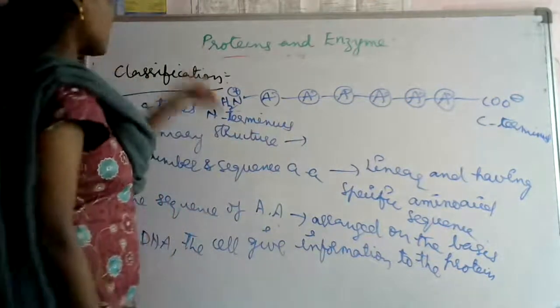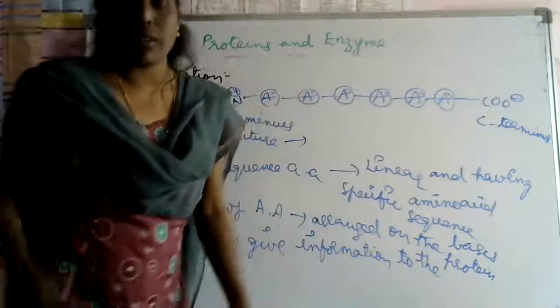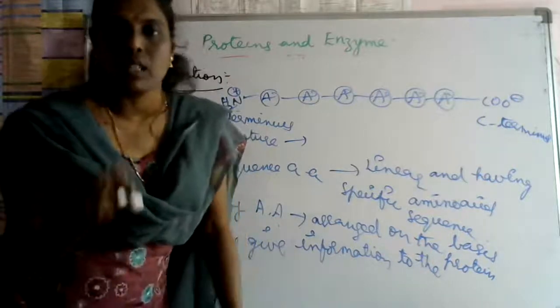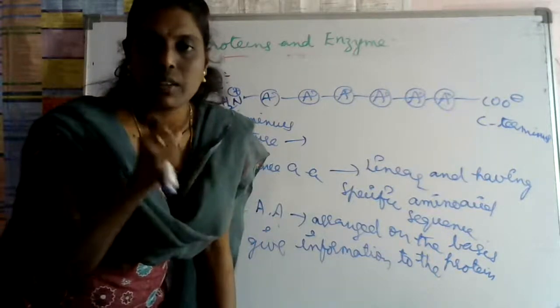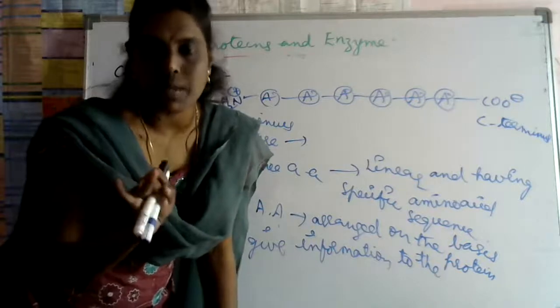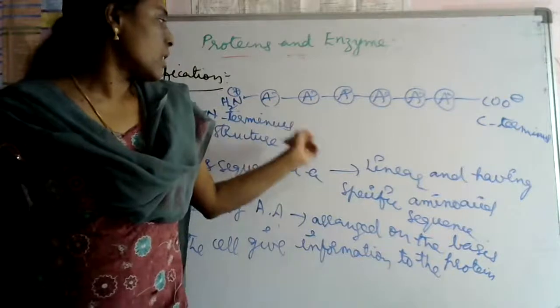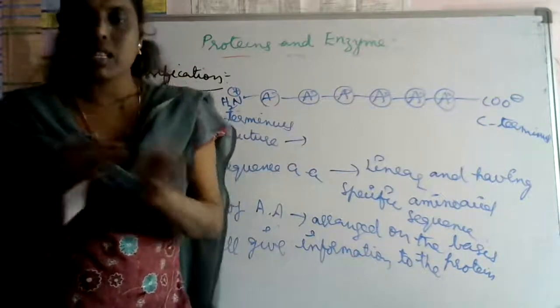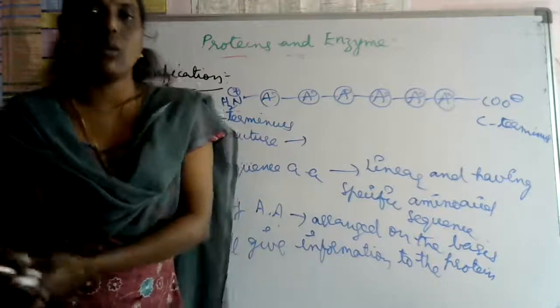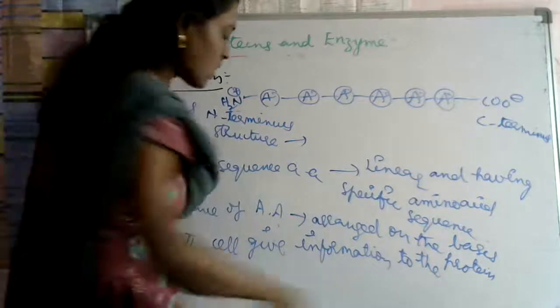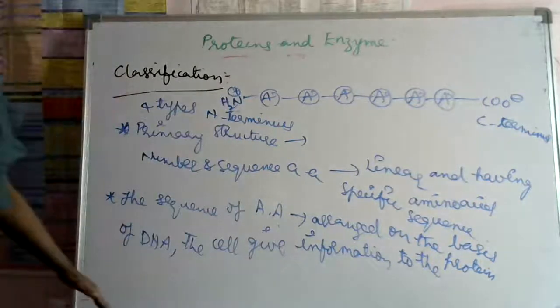If you take any polypeptide or protein, it contains an amino group as well as a carboxylic group at the other end. This is the N terminus and that is the C terminus. Terminus means ending.